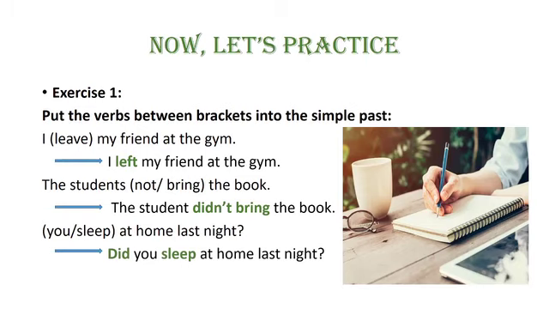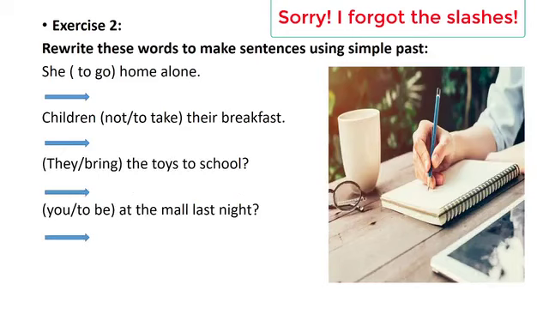So now let's move to exercise number 2. Exercise number 2, you have to rewrite these words to make sentences using simple past. So you have the words she, to go, home, alone. So use the simple past.